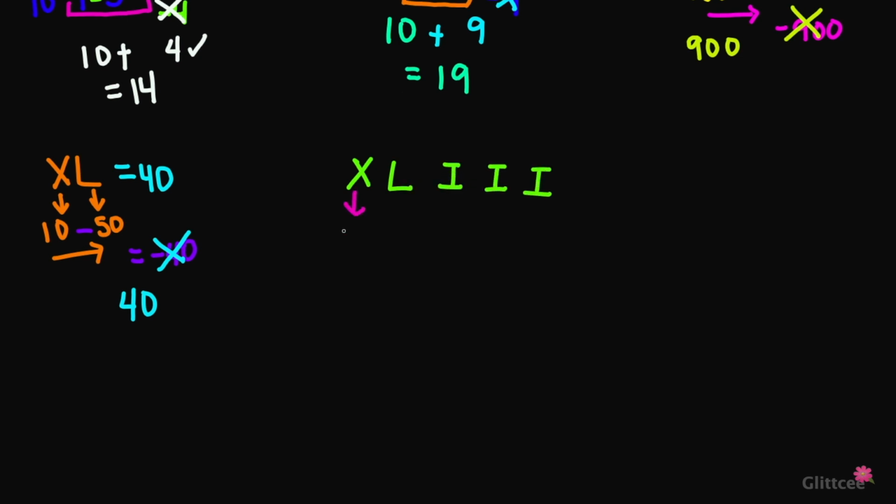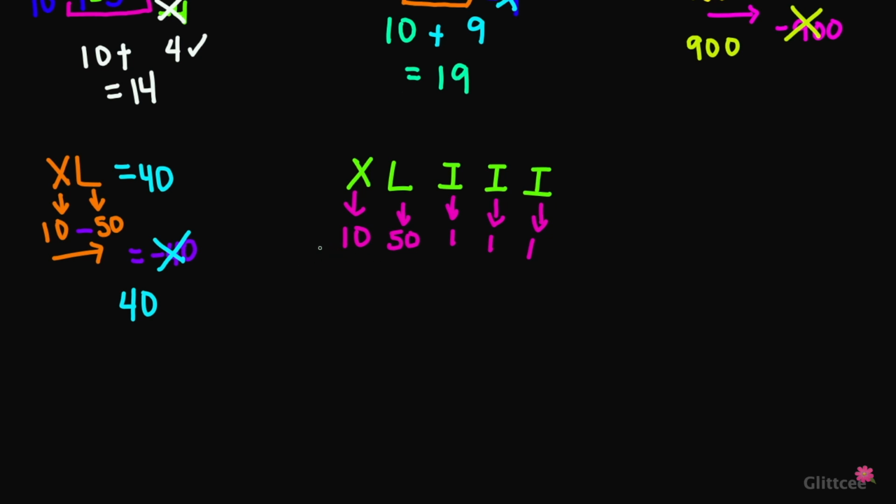XLIII. So X is 10, L is 50, I is 1, I is 1, and then I is 1. So here, are we going from small to big or big to small? And honestly, this is another mixture problem. We have a mixture of small to big and big to small. The first and easiest thing to do is to pinpoint where the small to big is taking place.